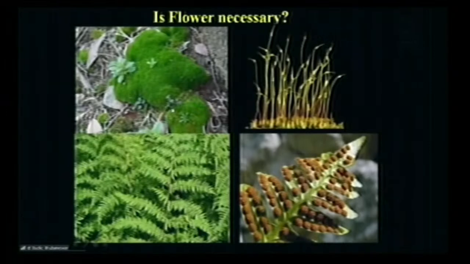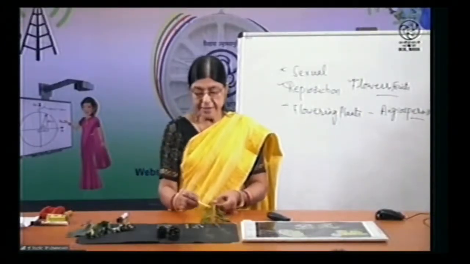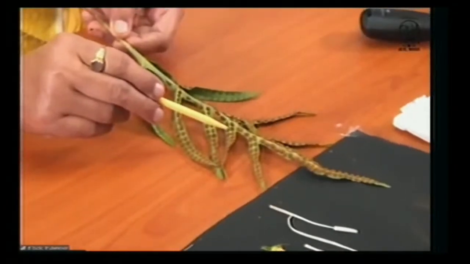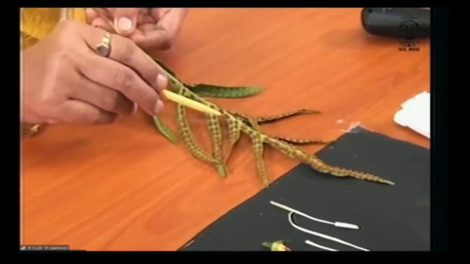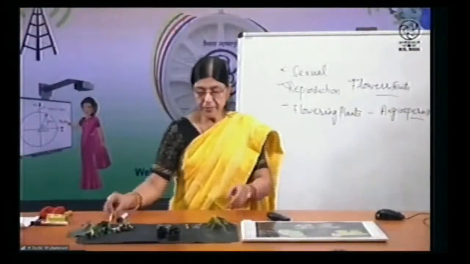Bryophytes have their reproductive structures as small stalk-like structures, whereas pteridophytes have spores on the underside of their leaves. This is a pteridophytic leaf, and you can find the spores present here. The spore-bearing structures are called sporangia. They are released during the drier season, spread on the ground, and give rise to new plants.